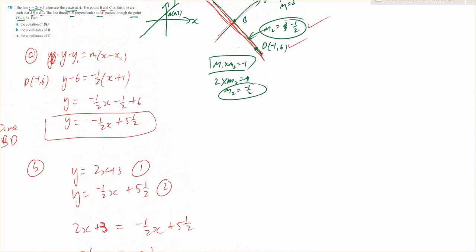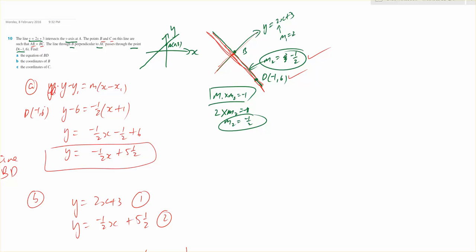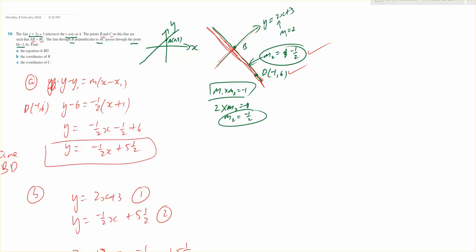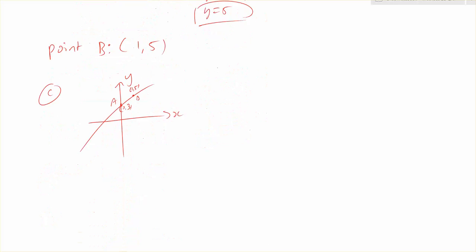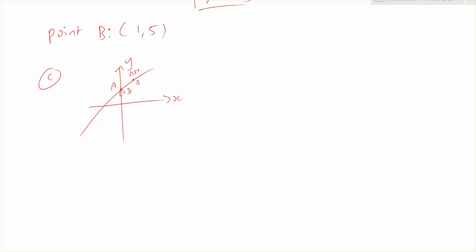So we know that the points B and C lie on this line such that AB equals BC. We don't know what the coordinates of C are, but we know that the distance between AB and BC are the same, because AB equals BC.